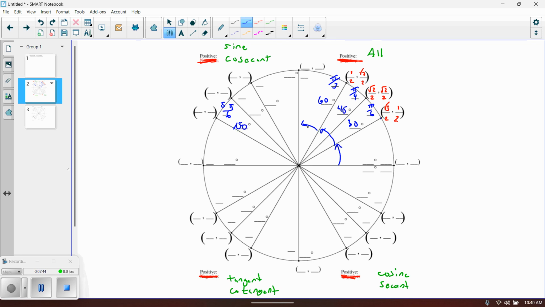But again, 3 over 6 reduces to 1/2. So in this case, that's actually going to be pi halves. Then you go to the next one, which would be 4 pi over 6. But 4 pi over 6, once again, reduces. That's 2 pi over 3.